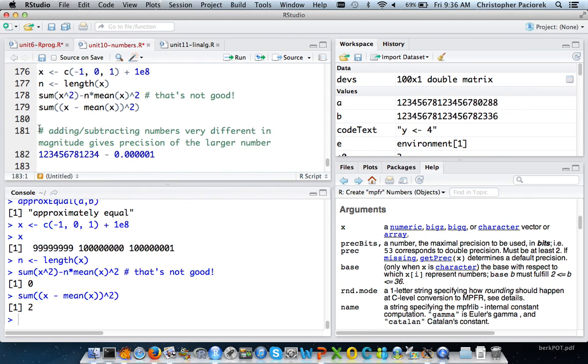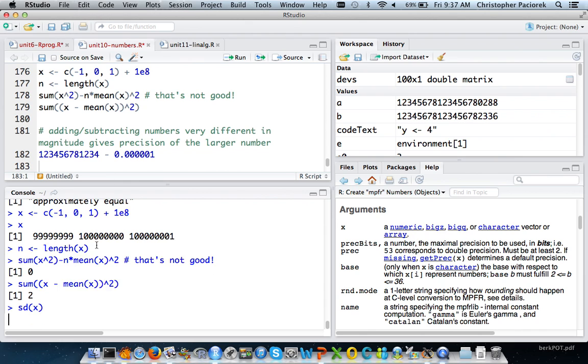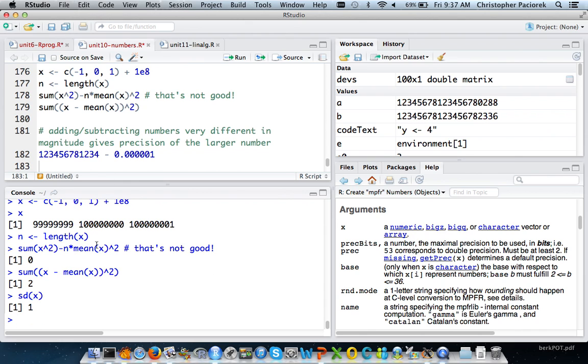What if I use the built-in SD function? In general, anybody who's written code that's any good at all will know about these sorts of issues and will have accounted for them in doing those calculations. So I'd be pretty worried if that didn't work. And it didn't give me 0.